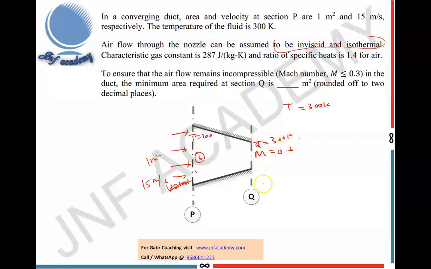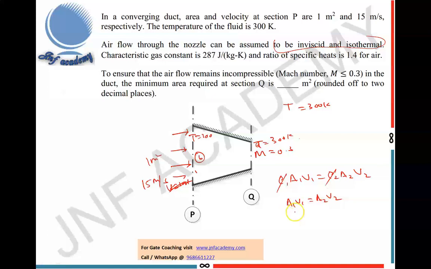Now let's use our continuity equation. Rho1 A1 V1 is equal to Rho2 A2 V2. Since they wanted the flow to remain incompressible, I consider that there won't be any density change. So A1 V1 is equal to A2 V2.